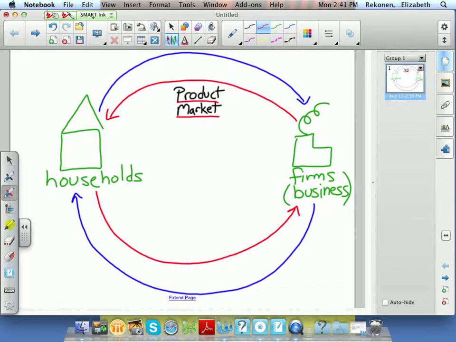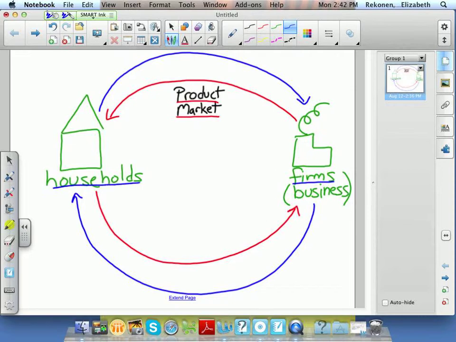You could think of it like a store. So what happens in a store? In a store, if I was going to go to Walmart and buy a bag of chips, the chips would go from the firm of Walmart to me, and I'm represented in a household.